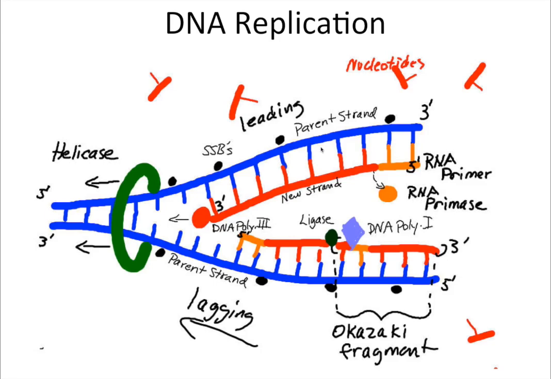But the basic principle is that this opens up, and then new DNA is synthesized that's complementary to the old DNA, and you'll end up with 2 new DNA helices, each one containing a parent strand and a new strand.